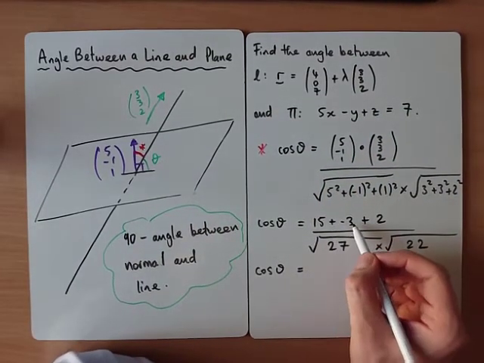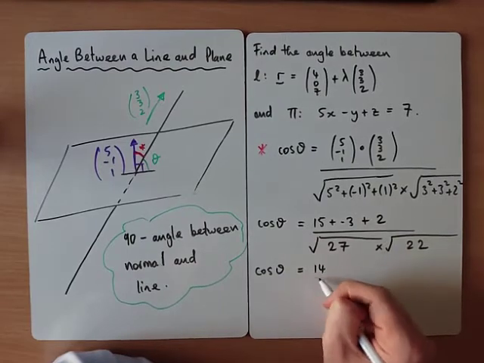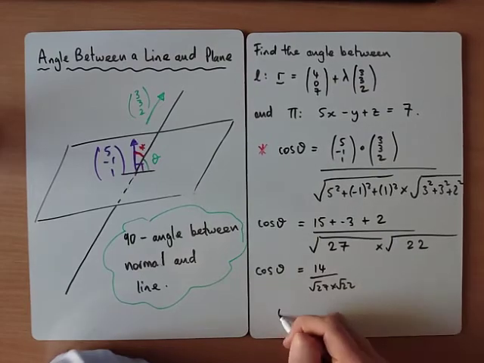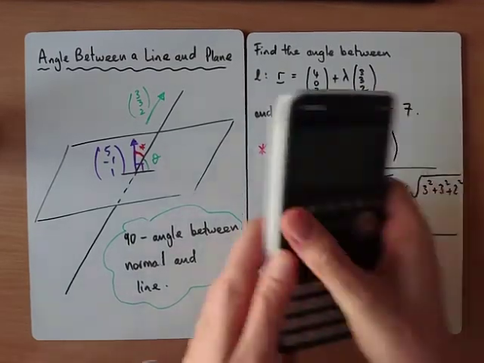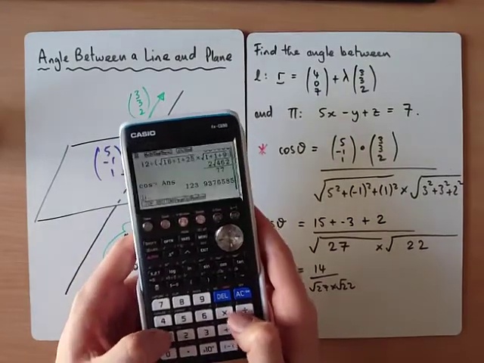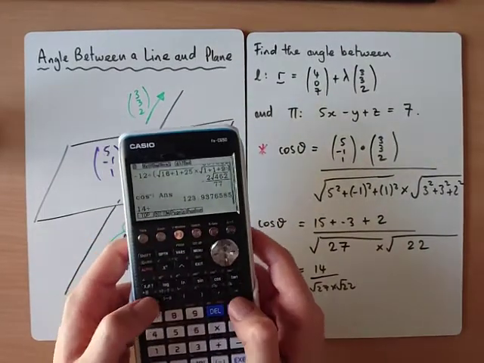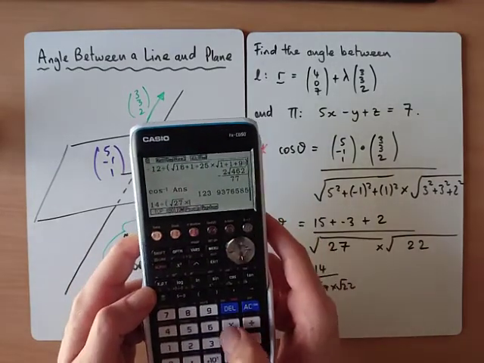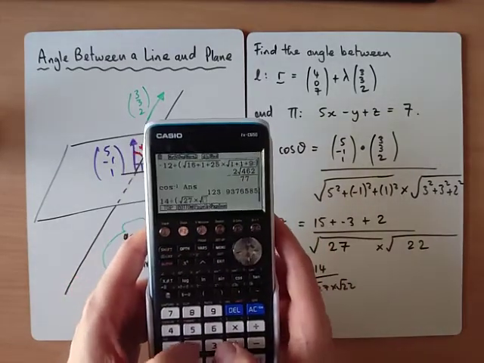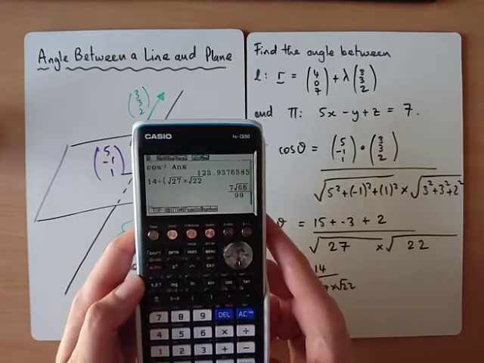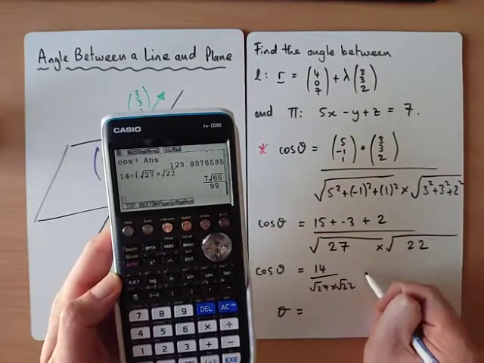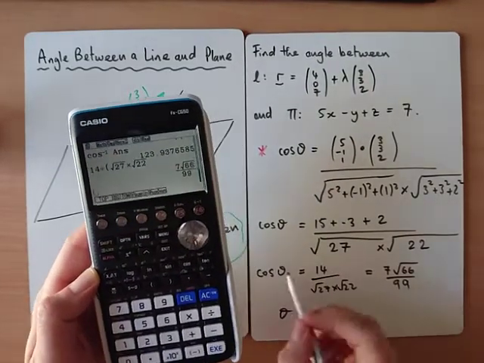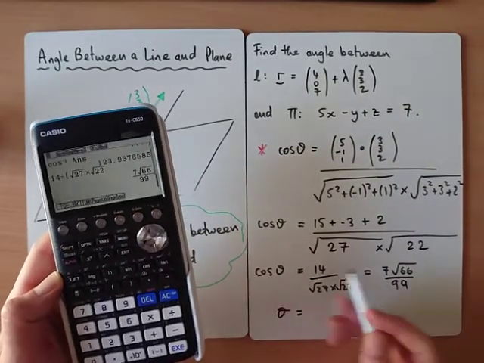So cos theta would equal 14 divided by root 27 times root 22. Let's see, again I'm in degrees, so if we do 14 divided by root 27 times by root 22, we know cos theta would equal that. Sometimes the question will say show cos theta equals, and obviously at that point you don't need to take cos inverse.